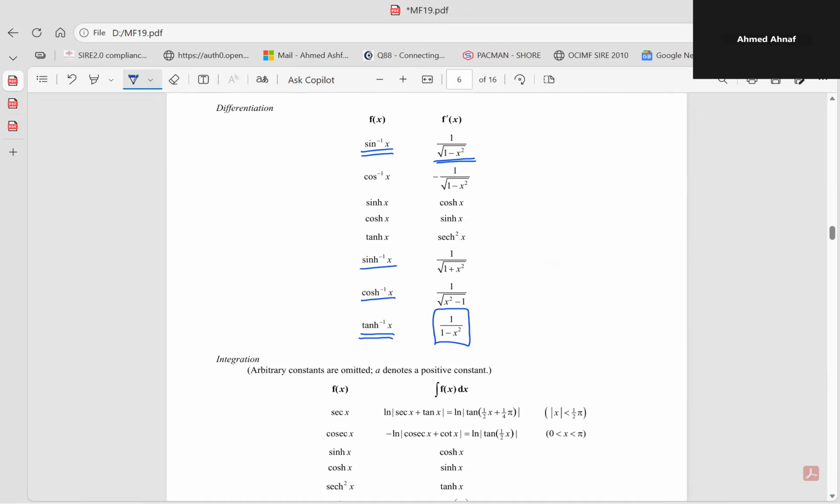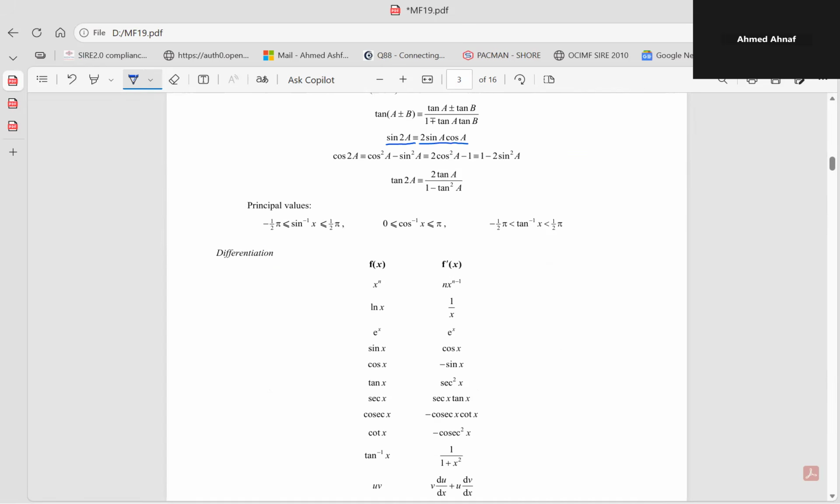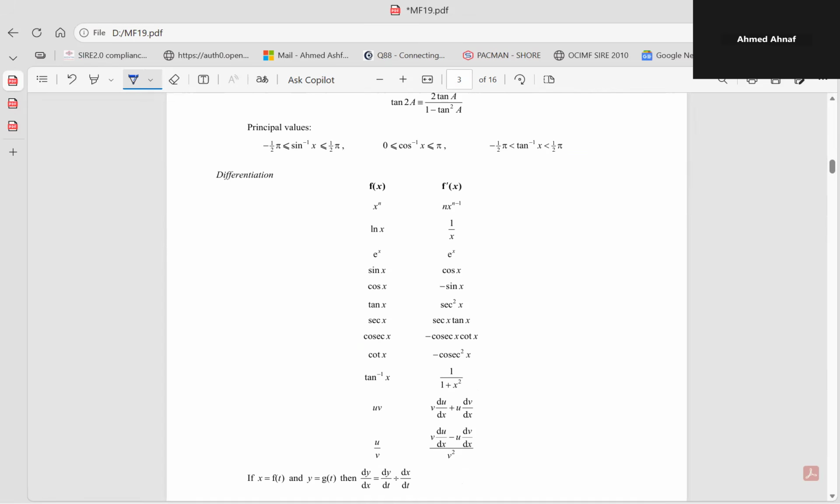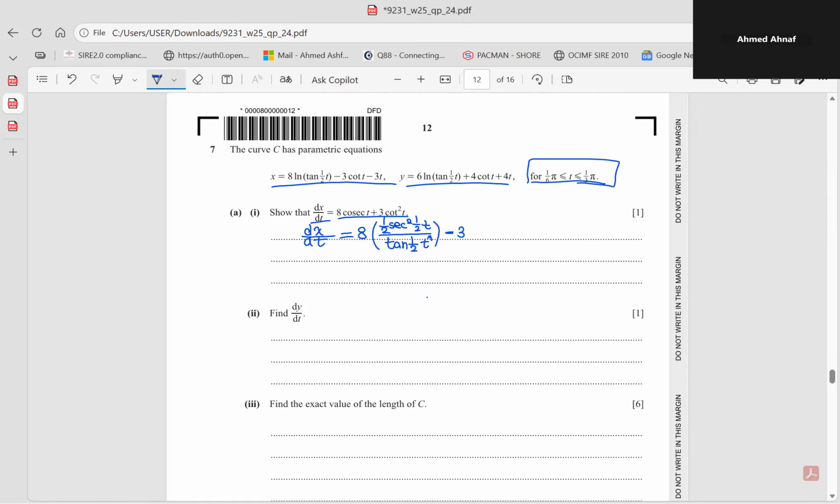To differentiate that, you get minus cosecant square t. So therefore, this is going to be plus cosecant square t minus 3.